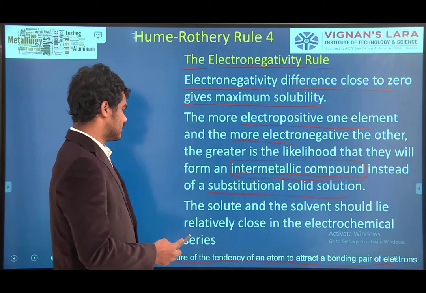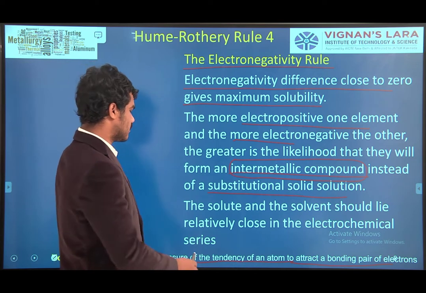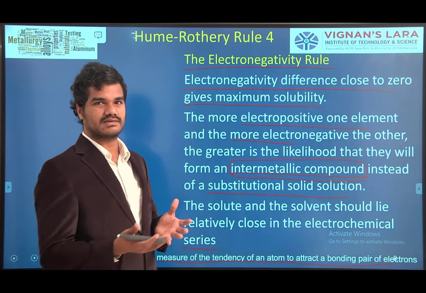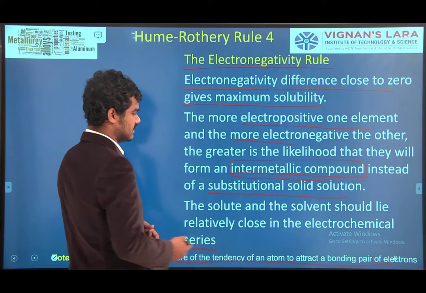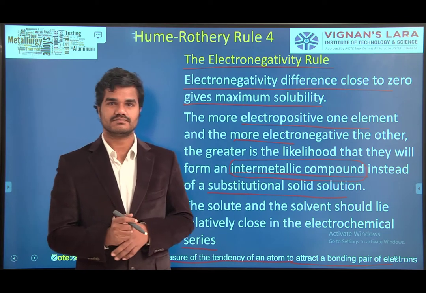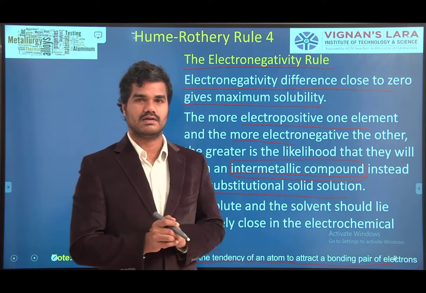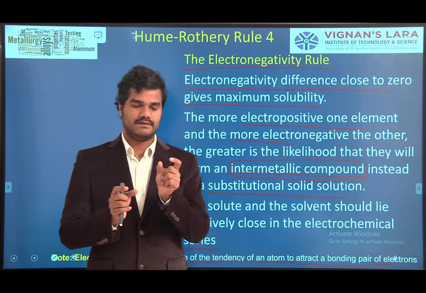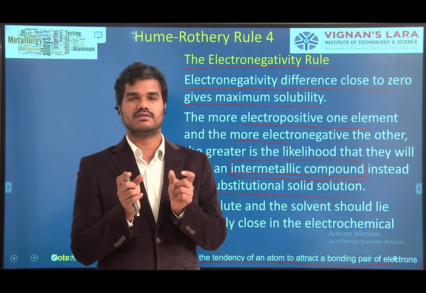The solute and the solvent should lie relatively close in the electrochemical series. Solvent and solute mean A and B metals. Just leave that point. You understand what is Hume-Rothery rule 4? Again I am recalling, when you want to combine A and B materials, if A material electronegativity and B material electronegativity are the same, then those have good solubility.